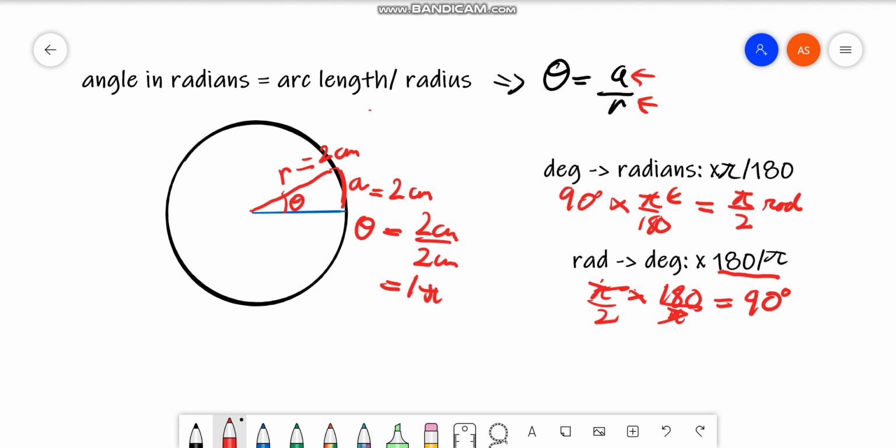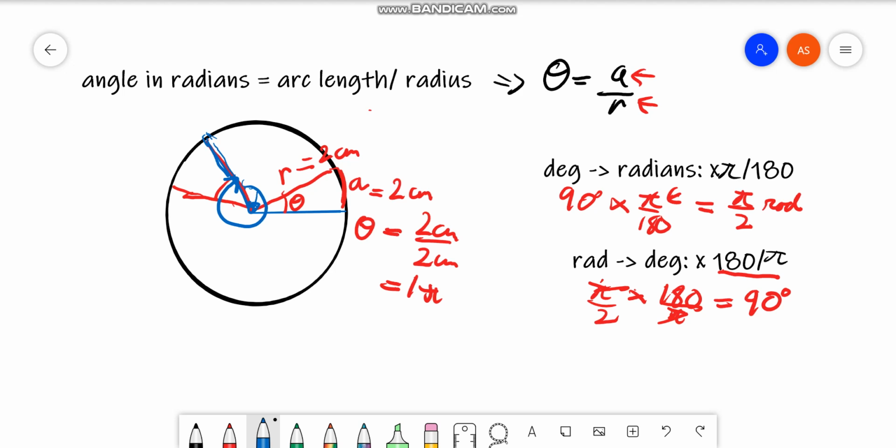And there are some more terms. There's something called the coterminal angle. Coterminal angles are angles with the same terminal arm. For example, if we have this angle and this arm, a coterminal angle would be this angle, since it ends up in the same place.